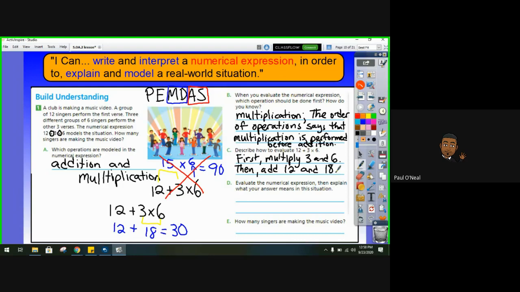Another word for evaluate is basically to solve it. Evaluate or solve the numerical expression, which is the mathematical phrase that has numbers and operation signs. Evaluate it, solve it, then explain what your answer means in this situation. So we just solved it already. So the answer, of course, is 30. And what does that mean?